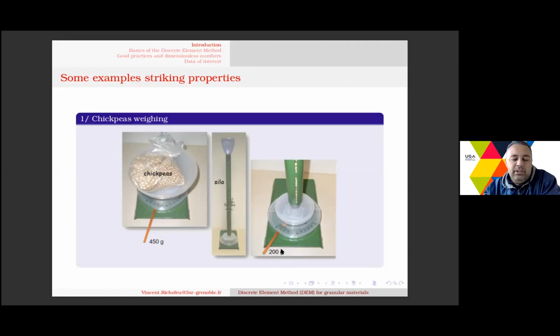It appears to be strange, but actually it's very easy to understand. It's only due to the friction between the wall of the tube and the grains. If we did the same with water, making sure that the water cannot go through, we should have the same weight. But with a granular material, which flows like water, we don't have the same weight. So this is an example.